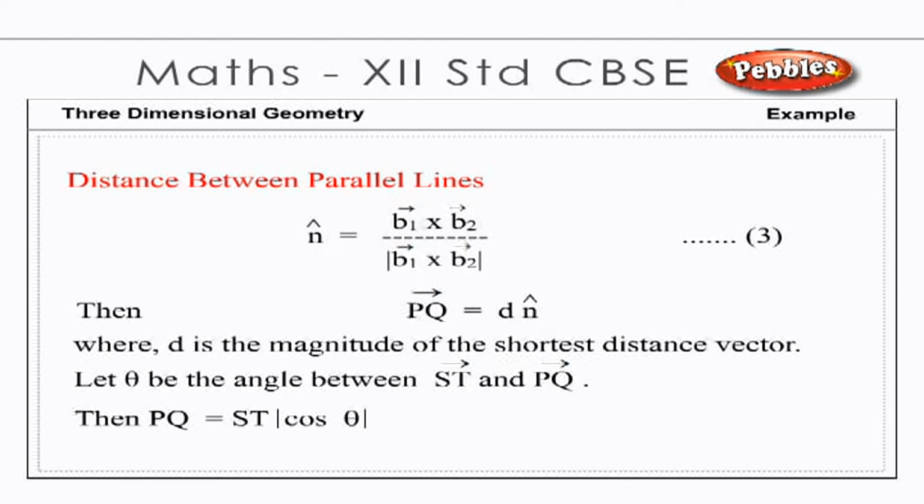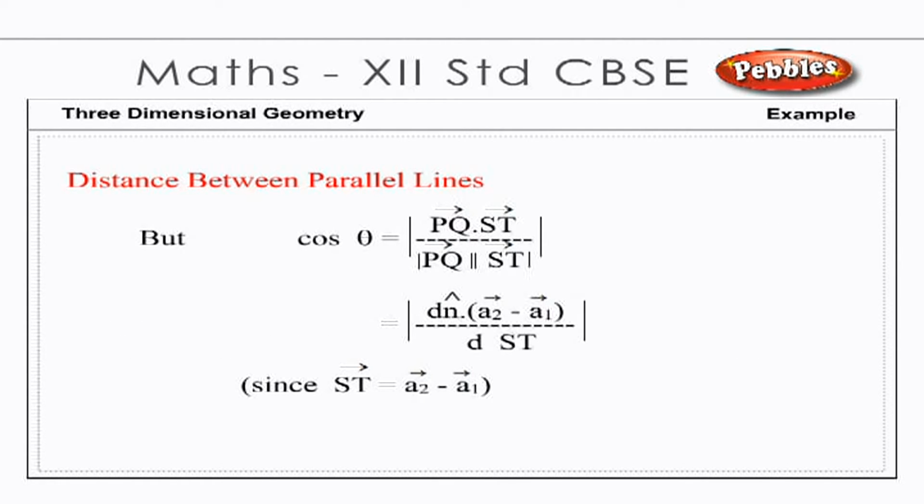Let theta be the angle between ST vector and PQ vector. Then PQ equals mod ST cos theta. But cos theta equals mod of PQ vector dot ST vector by mod PQ times mod ST, which is mod of d n cap dot (a2 vector minus a1 vector) by d times ST, since ST vector equals a2 vector minus a1 vector.